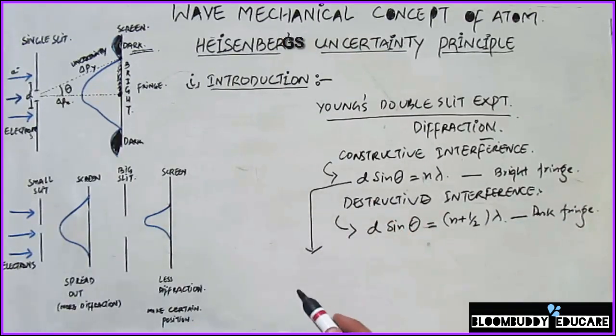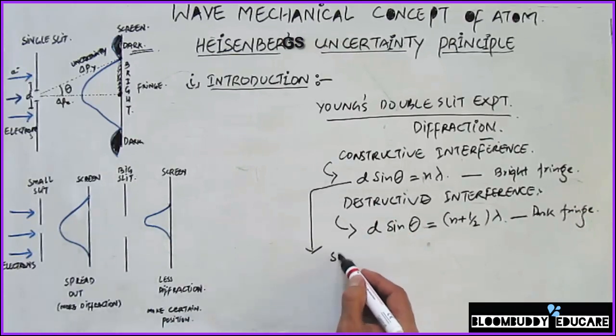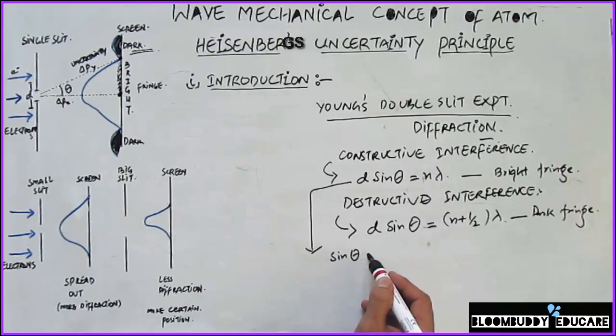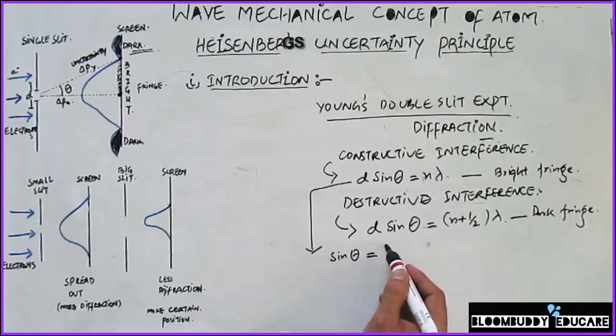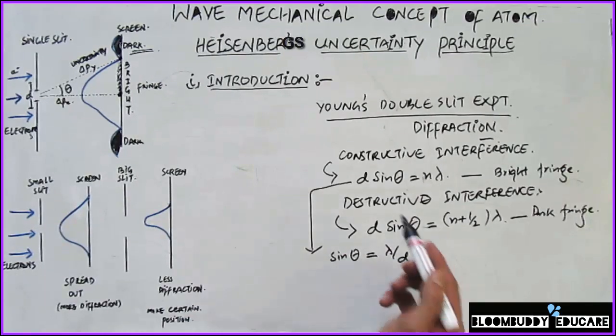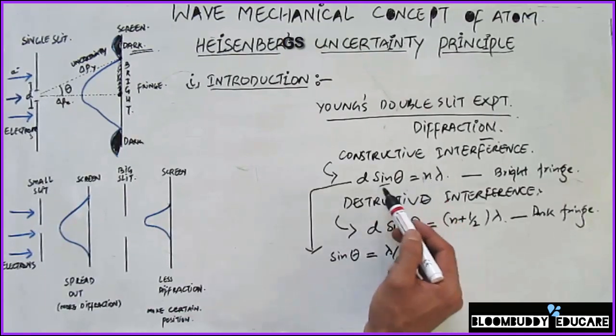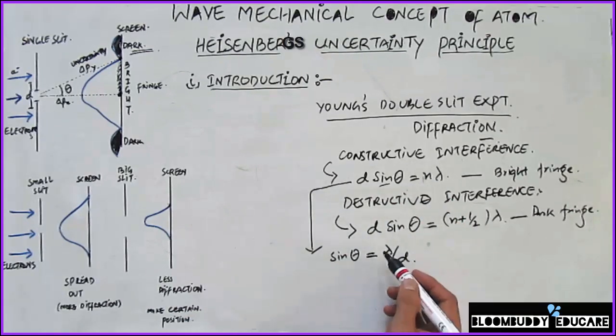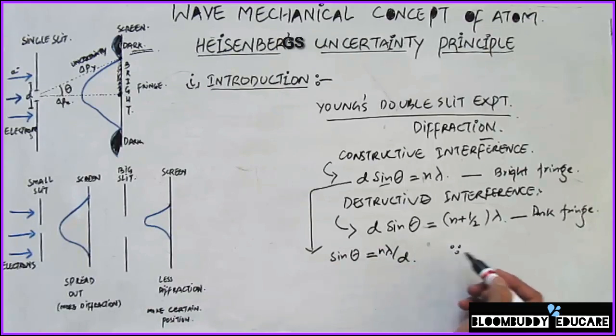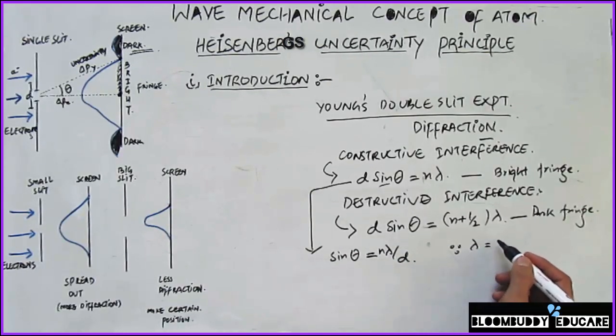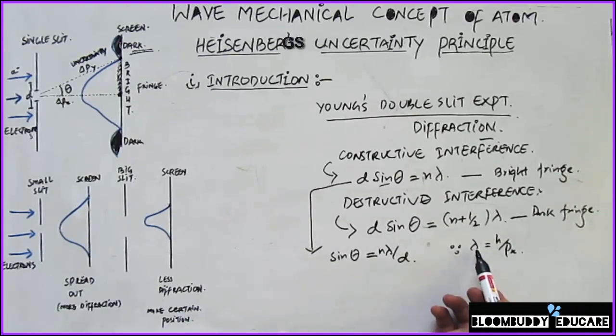From this equation, now I can say that sine theta is equal to lambda by d, or n lambda by d. From de Broglie's equation, we know that lambda is equal to h by px, so the momentum and the wavelength are inversely related to each other.